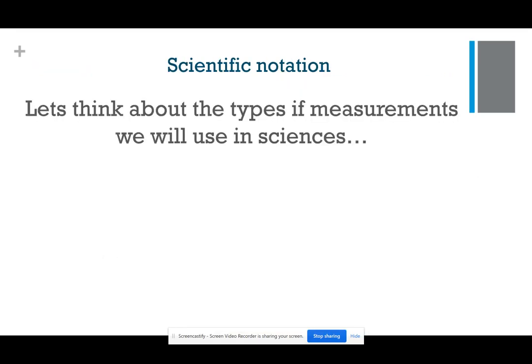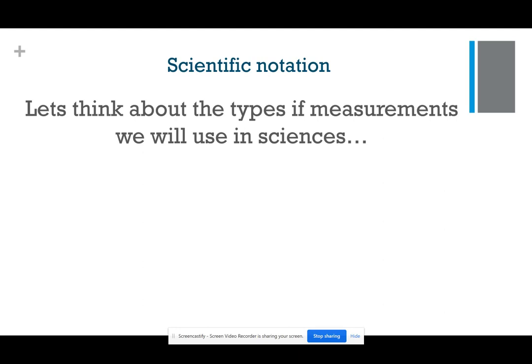The next thing we're going to talk about is scientific notation. So let's think about some of the measurements that we take in science. In biology, you might take some measurements that are pretty standard, like the length of a snake. In physics, you may measure the distance from here to the sun, so it's a really, really big number.